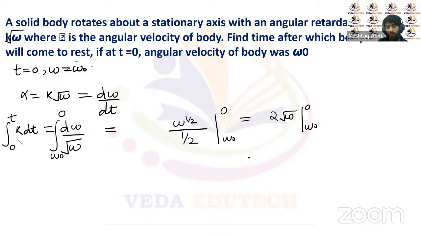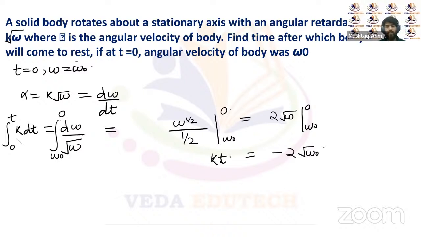Substituting the upper limit and the lower limit, it will be 0 minus 2 root omega naught, and that will be equal to kt.